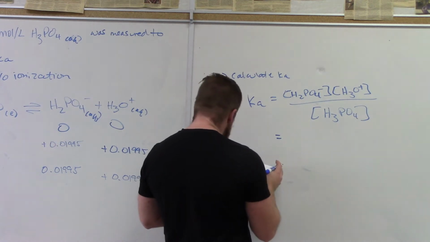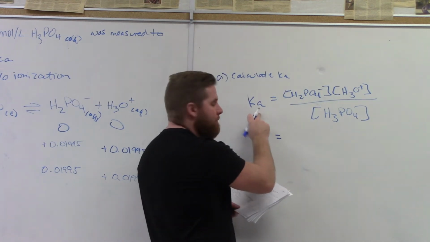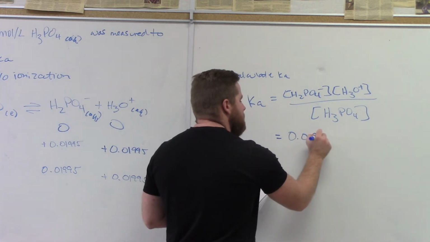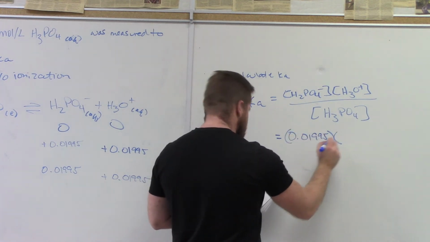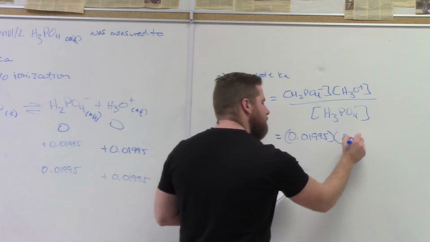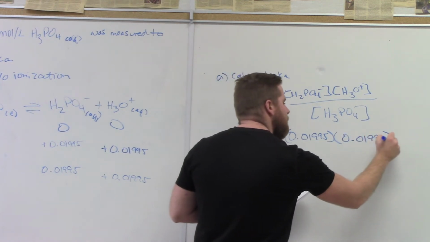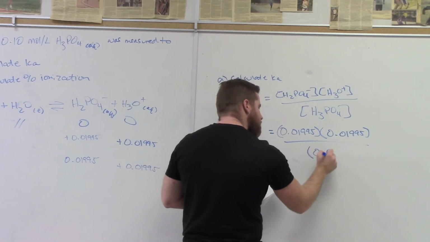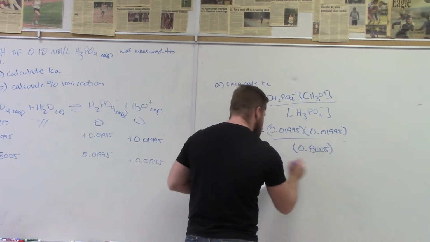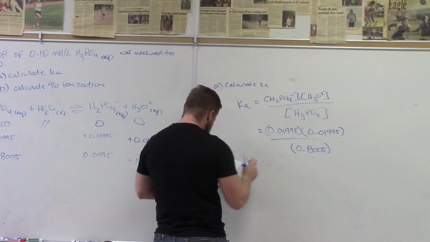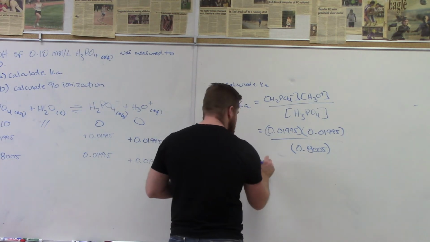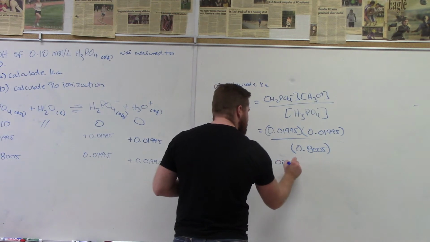So at equilibrium, remember this is my equilibrium expression. So I use the equilibrium concentrations. So Ka equals 0.00497.